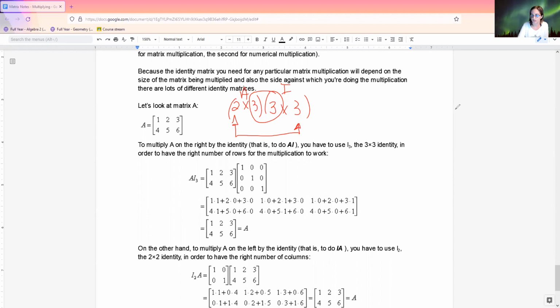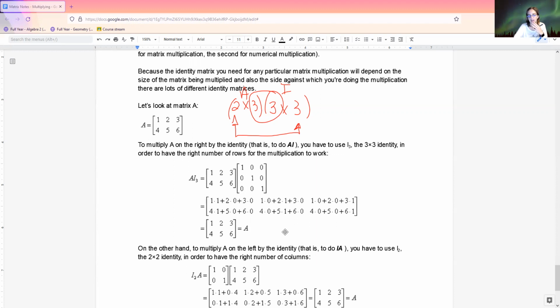Okay, so I start with a 2 by 3, and it makes sense because an identity is like multiplying by 1. So it's not really multiplying by anything. Everything will end up being the same because you're going to end up with a whole bunch of zeros, and you're only going to end up keeping that one answer. So if I took the 1, 2, 3, 4, 5, 6 matrix A and multiplied it by the identity, here are all of the steps.